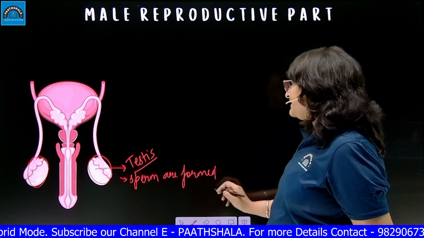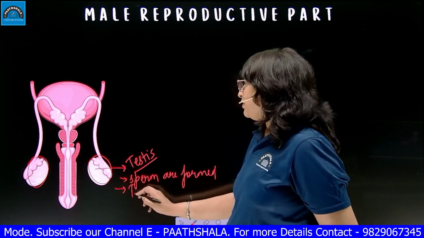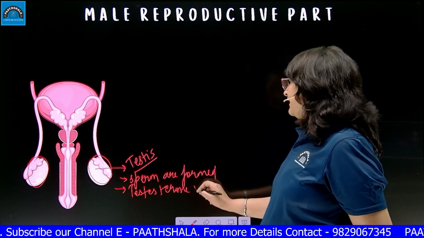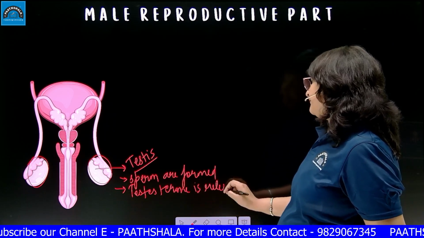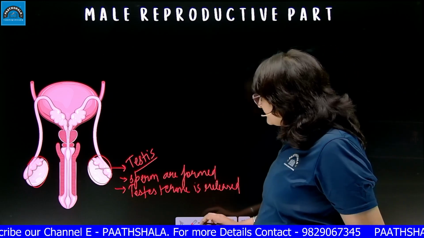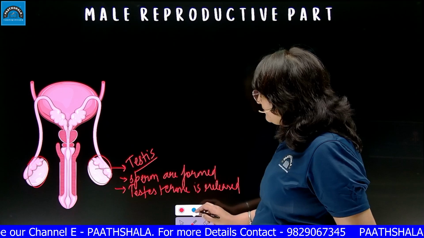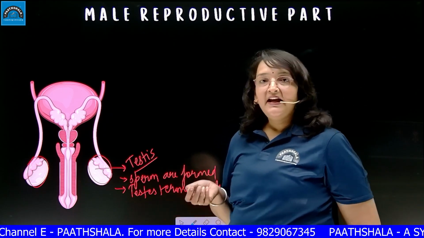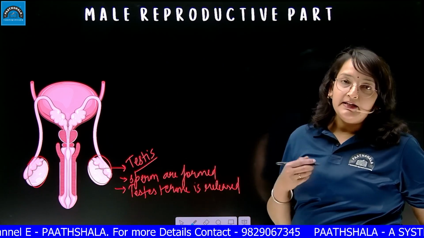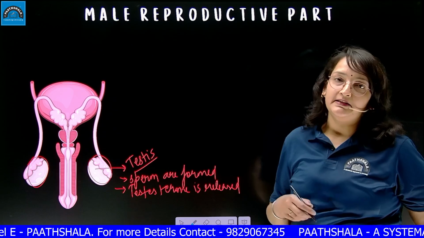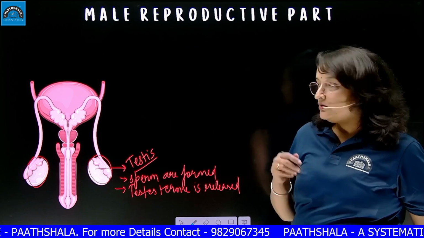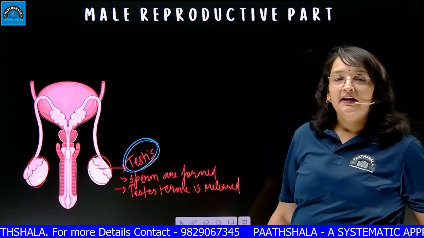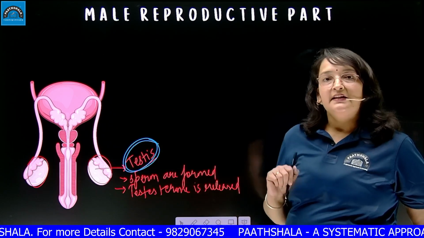And testis is the structure where the hormone testosterone is released. This testosterone performs two main functions. Number one, it is responsible for the formation of sperm, and it also regulates the secondary sexual characters in the male body. So the primary reproductive part in the male body is the testis.